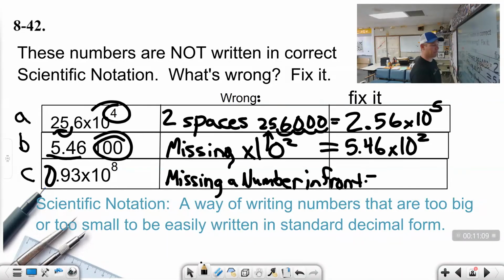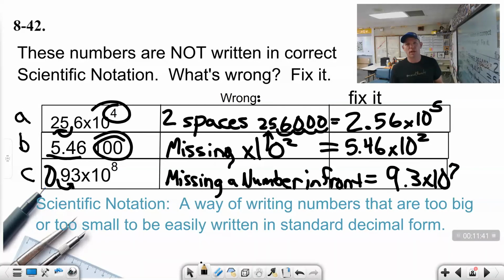Okay, and to fix it, I need to move this decimal place over. So if I'm going to move that decimal place over, 9.3 times 10 to the power. Now up here, we added a decimal place, so we added an exponent. If I take a decimal away, I need to take an exponent away. So instead of 8, it will be 7.